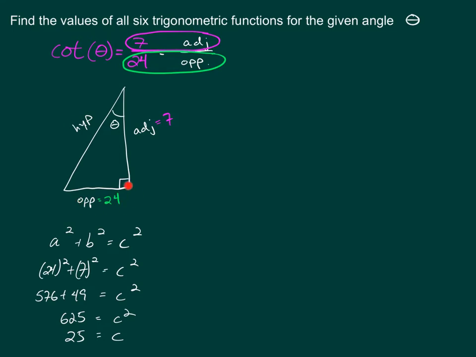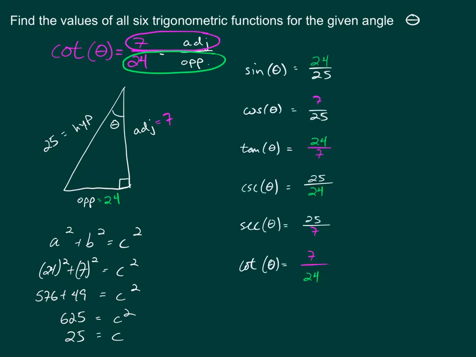All right, so I chose this to be A and this to be B. Simplified it all down, square root both sides. The hypotenuse here is length 25. So you can go through and figure out all 6 trig functions as such.